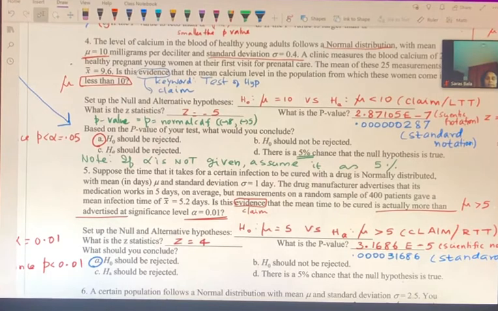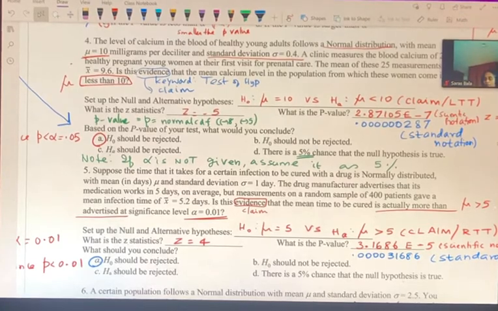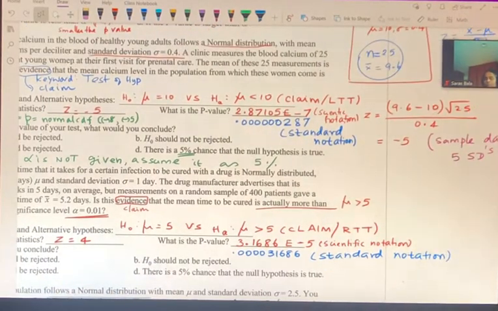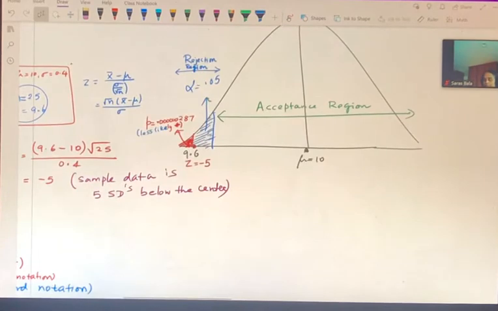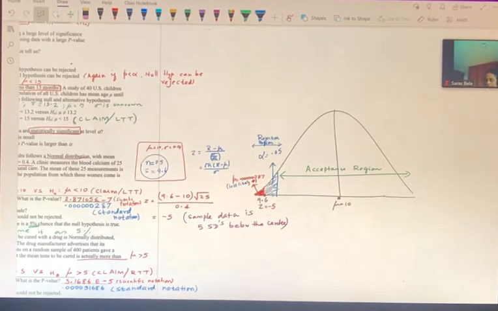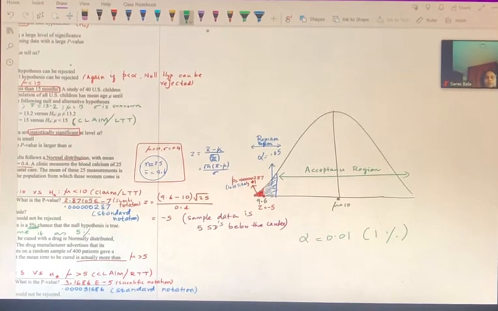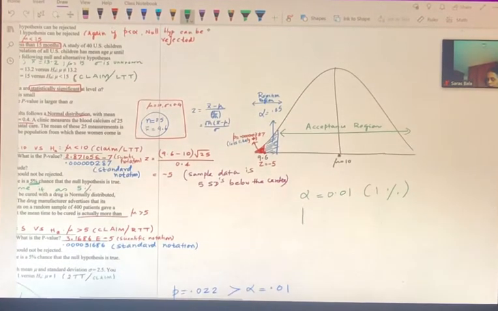But one thing you should understand, it is going to be true at 1% as well, because this number is a very, very unlikely number. Even if I'm given alpha equal to 1%, because my p-value is a very, very unlikely number, my p-value is certainly less than alpha equal to 1%.